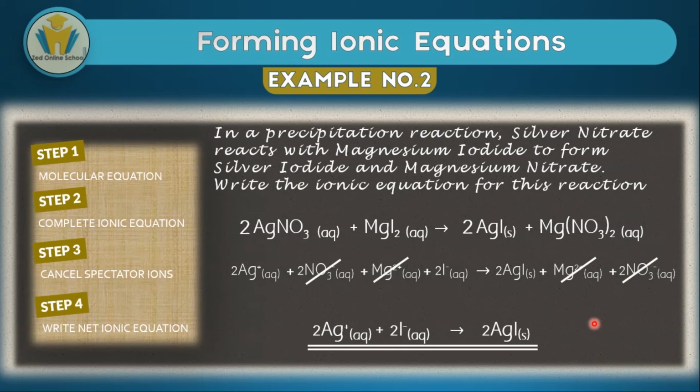Nice. This equation that we have now is called the net ionic equation. These 2 examples must help you understand the procedure of forming ionic equations. And you should also know what complete ionic equations are and what net ionic equations are.